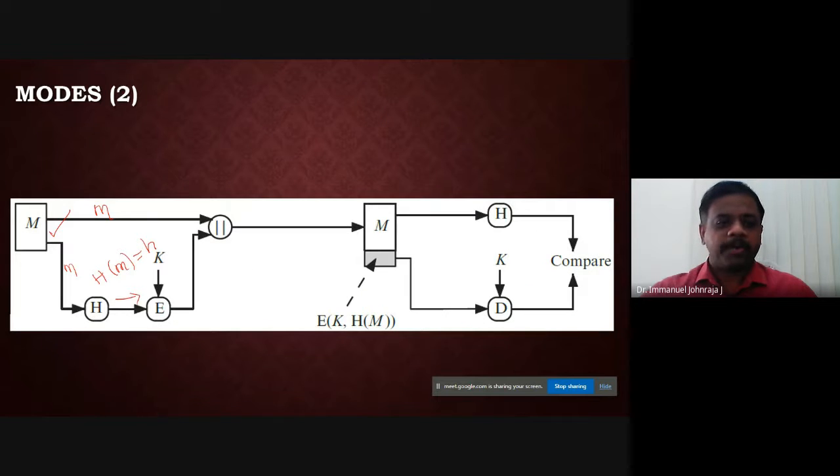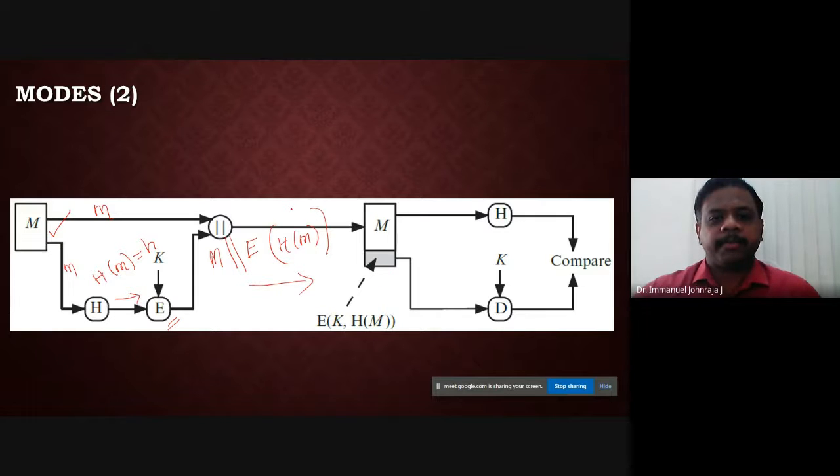Moving on, you apply the encryption only to the hash value. So this kind of operation does not give you any confidentiality for your message. Then the message is appended. So you have the original message, appended with the encryption of H of M. That is what is sent here, through the medium, and it is received here.